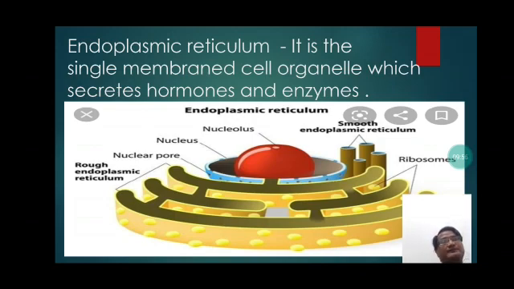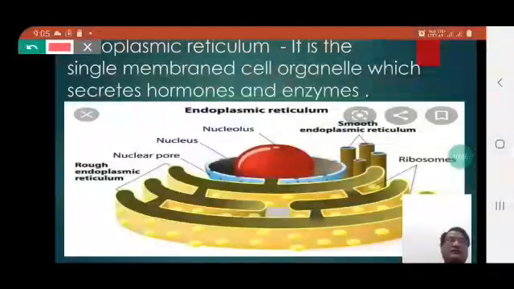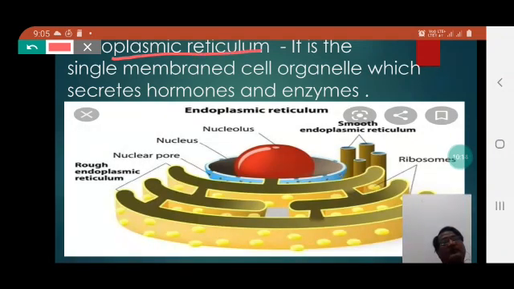Endoplasmic reticulum. It is a single membrane cell organelle which secretes hormones and enzymes. So students, here we can find that the endoplasmic reticulum is not double membrane, rather it is single membrane.